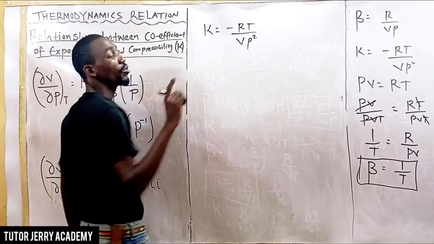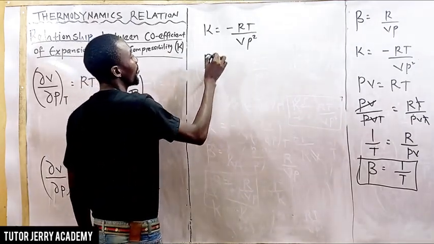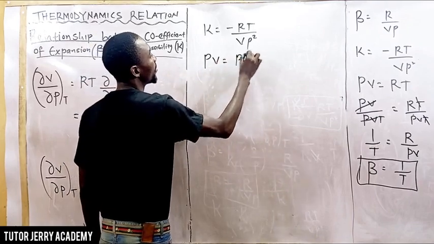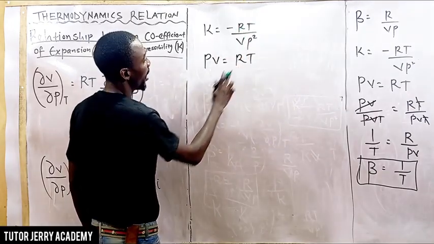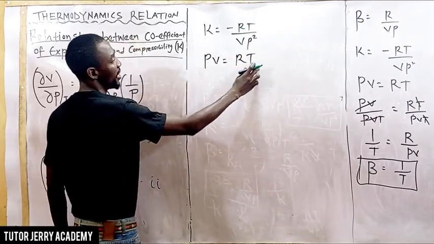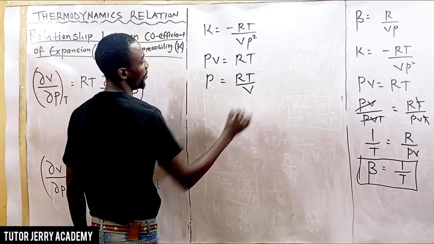PV equals RT. All right. If I divide both sides by V, I'm going to get P to be equal to RT all over V, right?